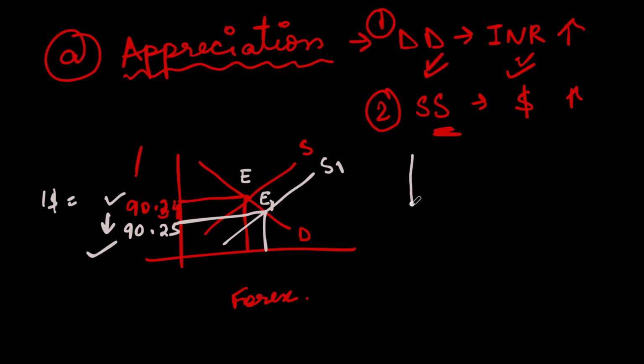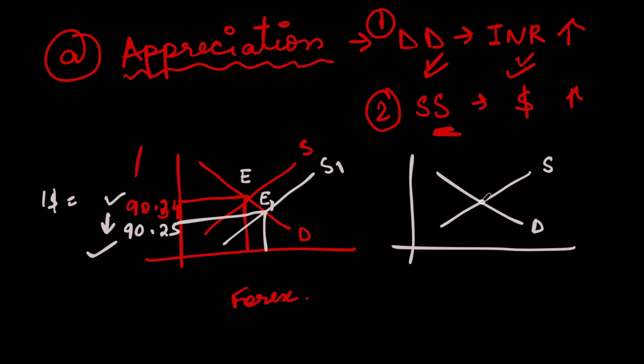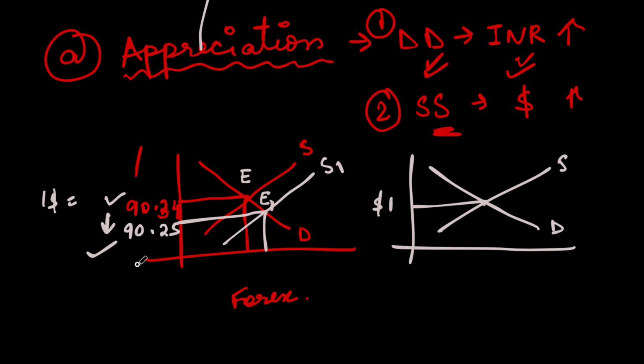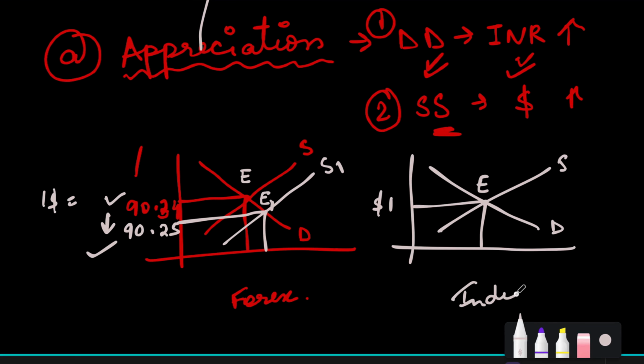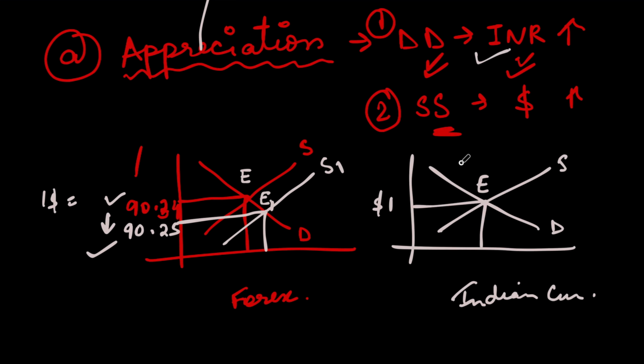The other way of showing it is to make the demand and supply curve of the Indian currency. This is the demand curve of INR, this is the supply curve of INR. Earlier we took the exchange rate $1 equals 90.34, 90.25. Now this is the market of Indian currency, and the demand might have increased.